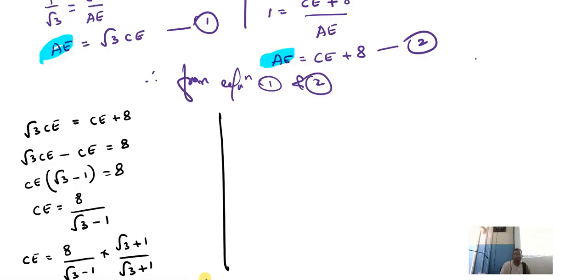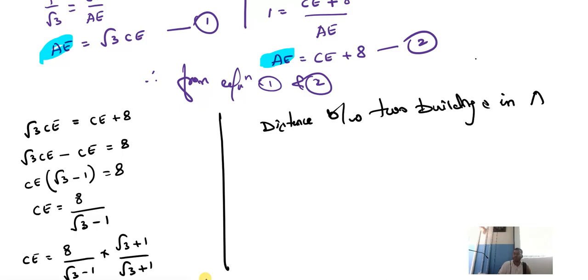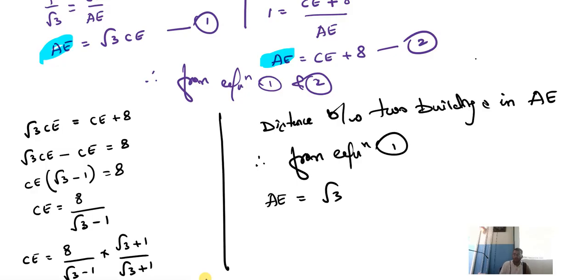Therefore, the distance between two buildings is AE or BD. Both are equal. So to find the distance between the two buildings, I have considered equation 1. According to equation 1, AE is equal to root 3 into CE. So root 3 I kept as it is.